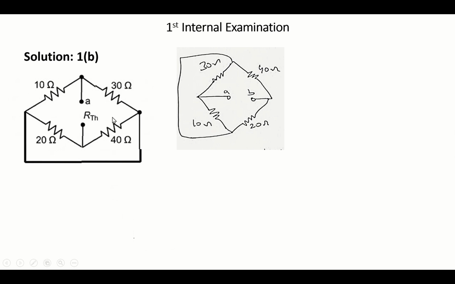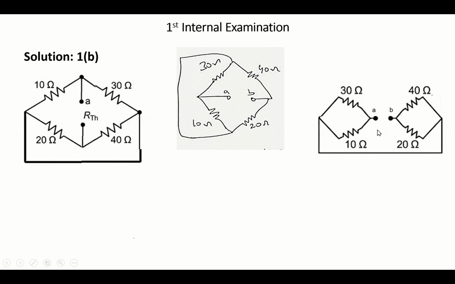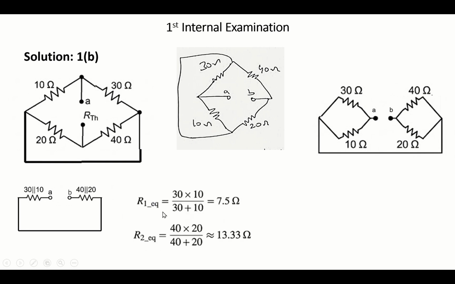And then if we try to analyze this circuit, this circuit can in fact be rotated anti-clockwise to get a circuit shown over here. And if we further try to simplify this, the circuit can in fact be drawn in this manner, where what we get is 30 and 10 ohm resistors to be in parallel, similarly 40 and 20 ohm resistors to be in parallel, and their parallel combination can then be evaluated.